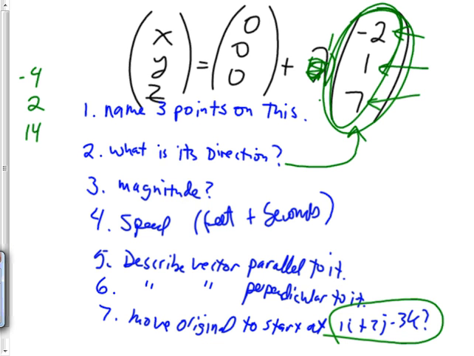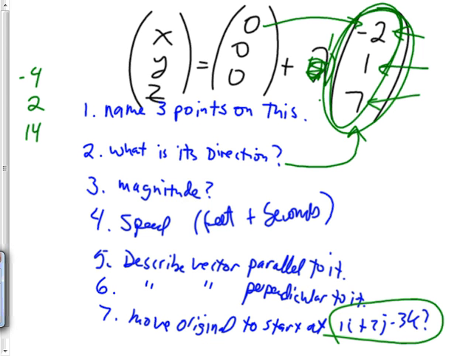The magnitude is if you wanted to walk from here to there, you could go down 2. No, wait, that first one's left and right. So left 2, up 1, and then depending on the orientation of it, in your case in this classroom, it'd be out 7 this way. Again, that would be 2 to the left, up 1, and 7 out this way.